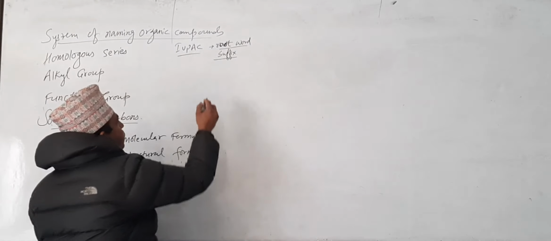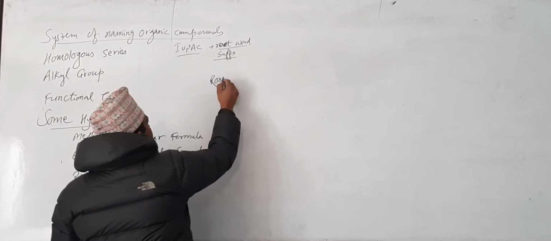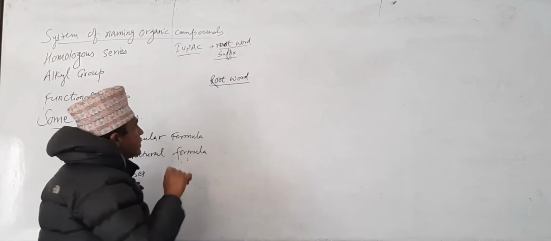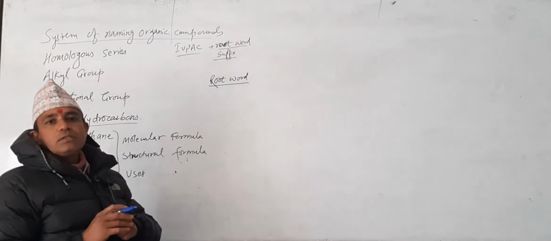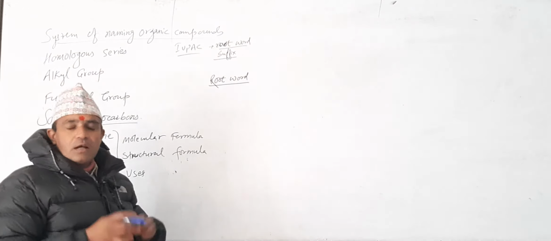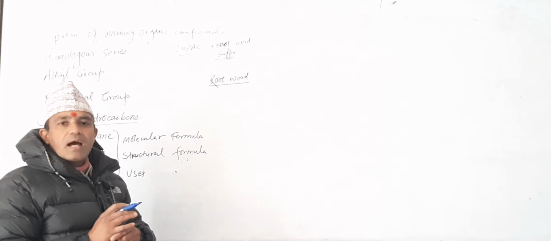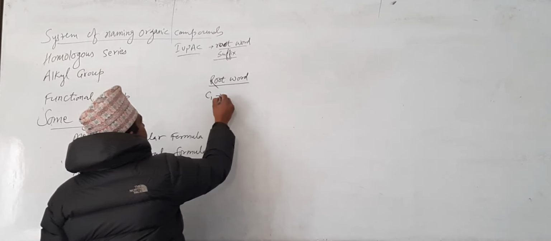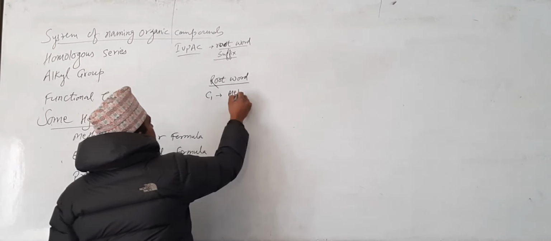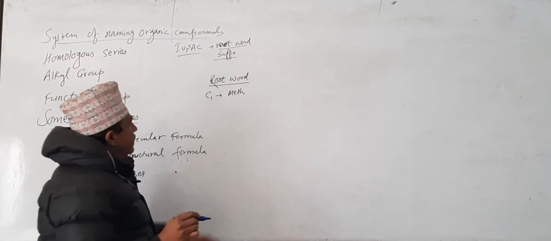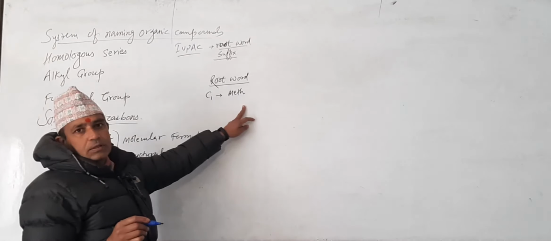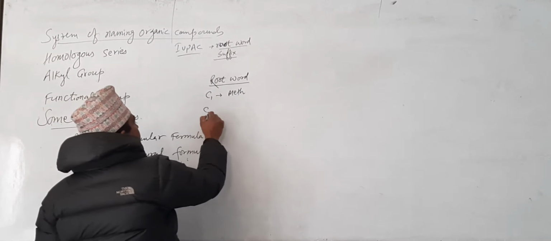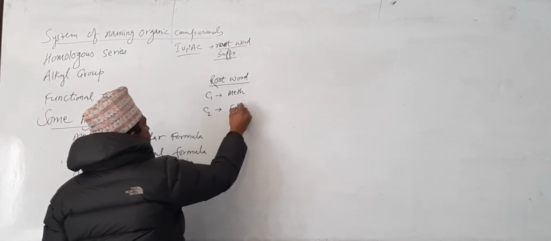The root word is provided according to the number of carbons present in it. If there is one carbon, it gets the root word meth. Two carbon, eth.